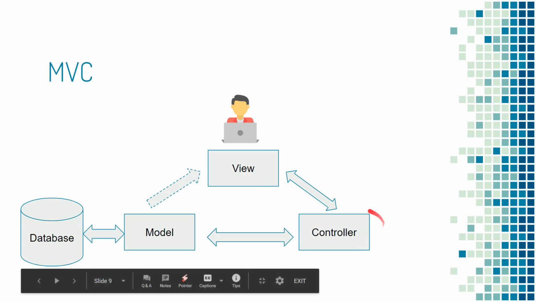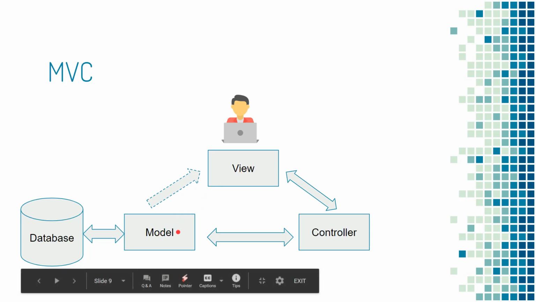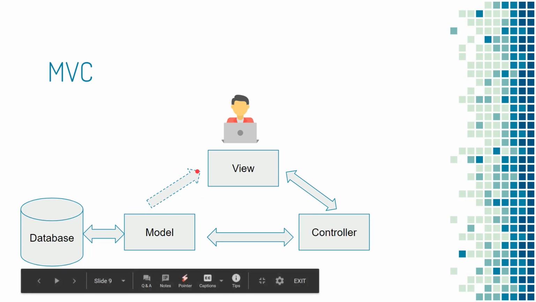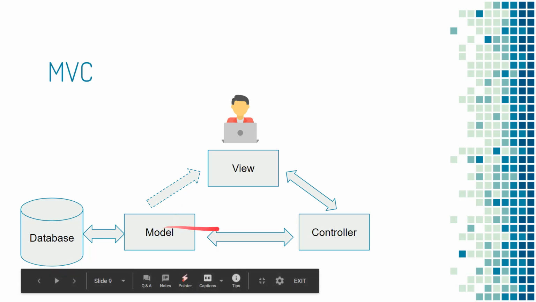Most people like to call the controller the glue between the view and the model. As I said, this arrow here is dashed because not all frameworks use this line. Some frameworks adopt this methodology, but others don't. All the updates on the view should be done by the controller.